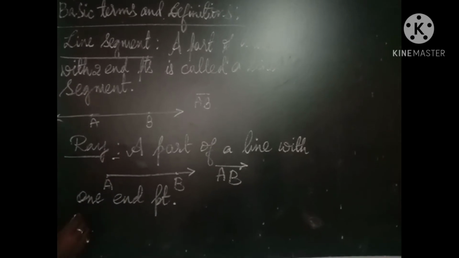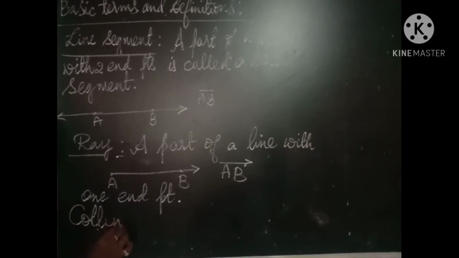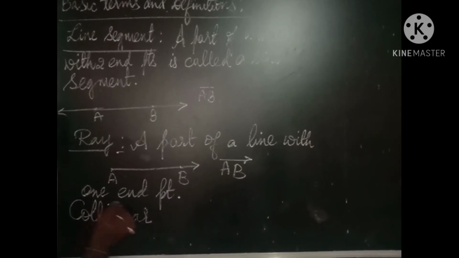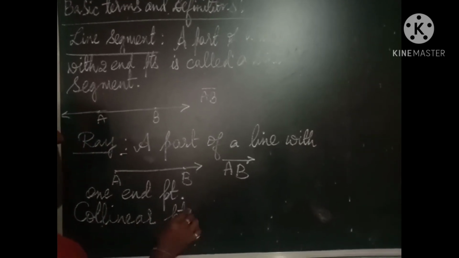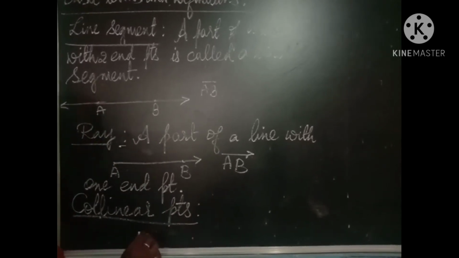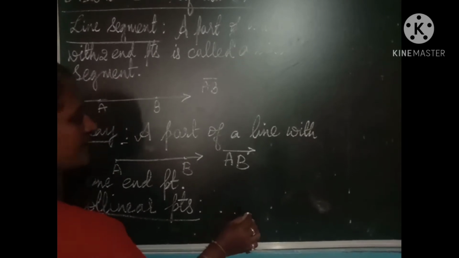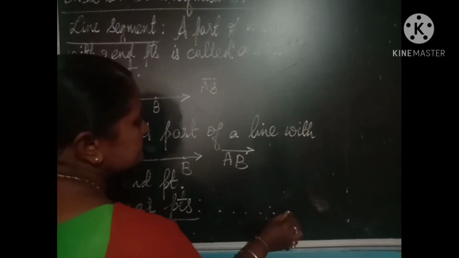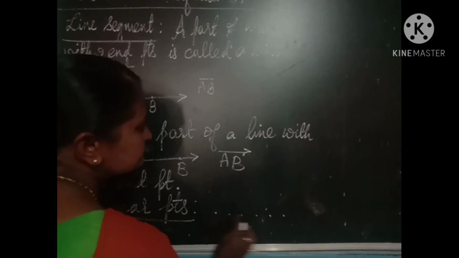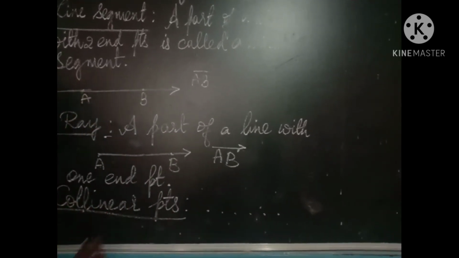The second basic term: let us know what collinear points are. What is the meaning of collinear? The points are arranged on the same line. The points which lie on the same line are called collinear points.